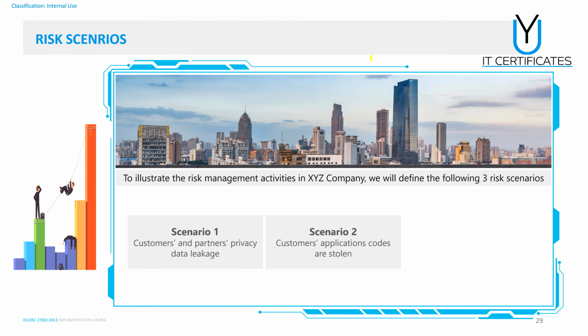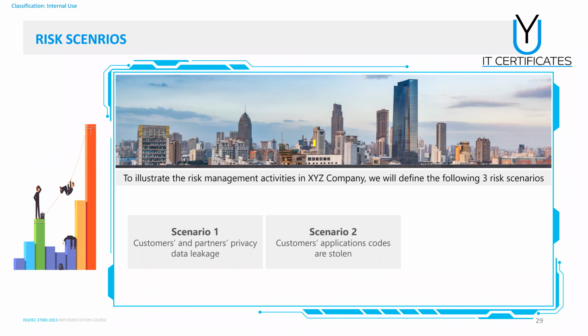Scenario number 2, customers' application codes are stolen. You know that in this company we are developing software, and they have the code for the applications which is developed for the companies.